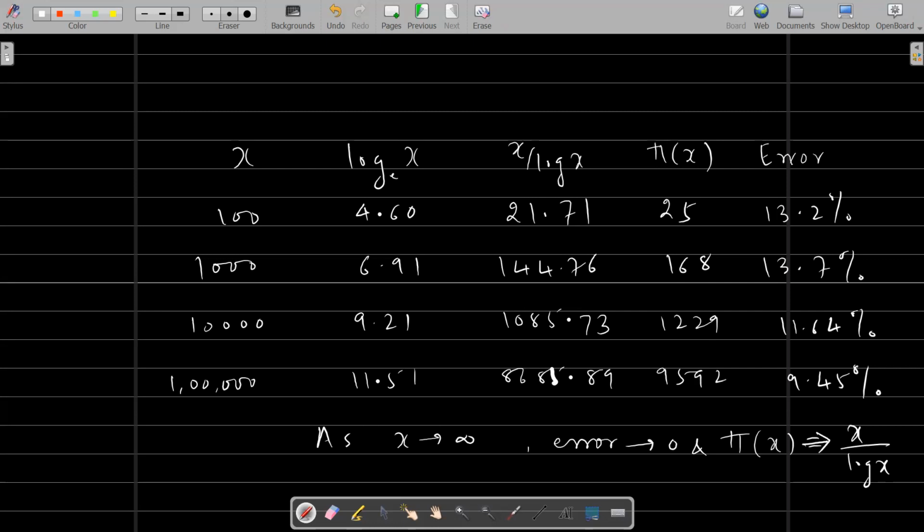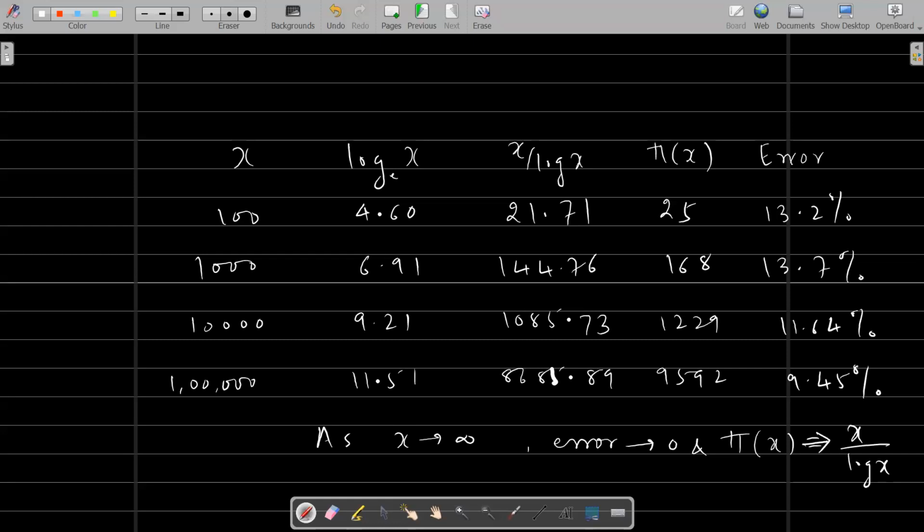So as x increases, the error tends to 0, and that is the meaning of the prime number theorem. Of course, there are many interesting properties, and we haven't yet solved problems based on prime numbers. So we'll do that next time.